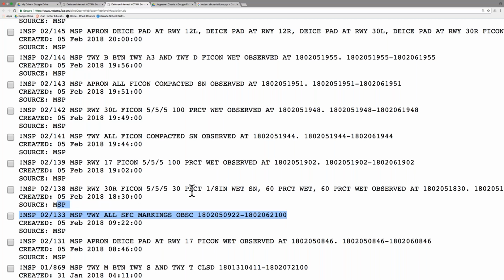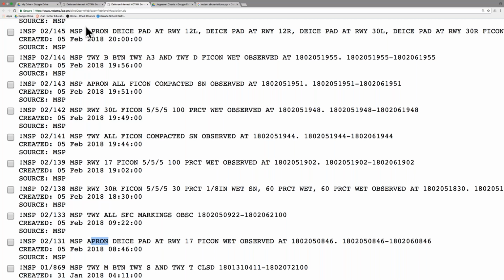Because, as dispatchers, we don't care about markings of the taxiway. It doesn't pertain to us. So what's the key word that we basically discard this one? Surface markings? Nope. Taxiway. We don't care about the taxiway, right?